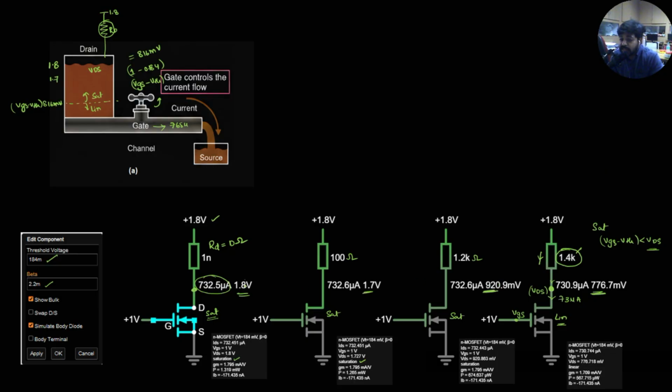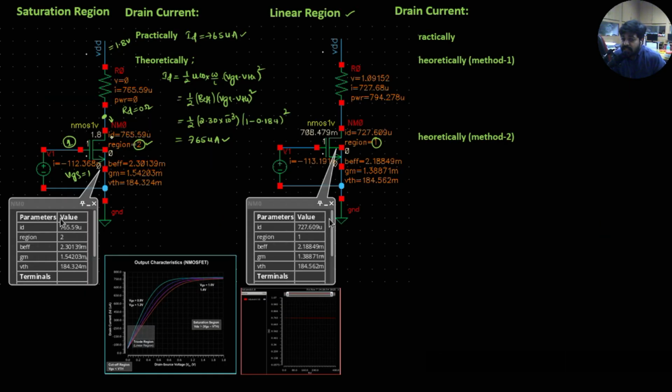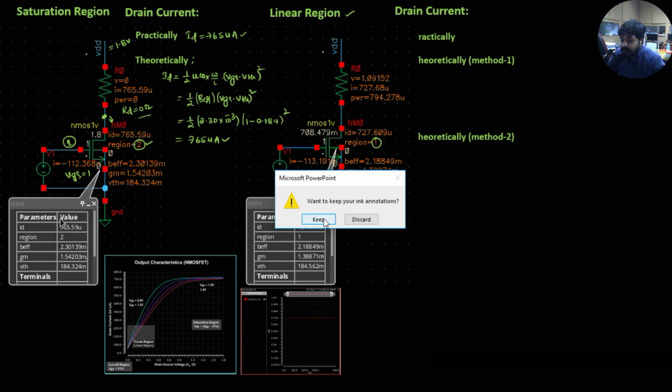We have to make sure there is sufficient water in the water tank, and only then will the control mechanism take place. We have to maintain the water level across the water tank above this, so that the water flow is controlled by the gate. This is the first case, where I'm trying different RD values and doing the sweep, and I will be showing the simulation of that.